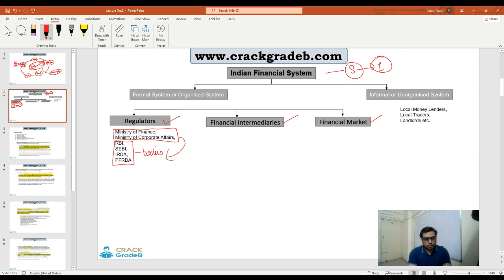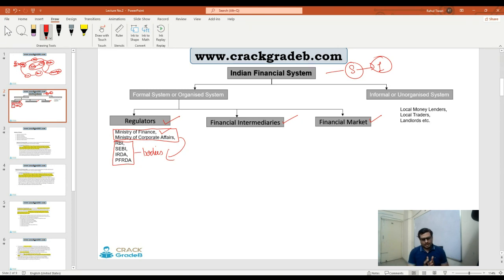And these two ministries are very important, and especially the Ministry of Finance, right? So it is very important to understand what role, power, function the finance ministry has, how they are impacting our financial system, right? So the Ministry of Finance is one of the most important ministries of the government of India.